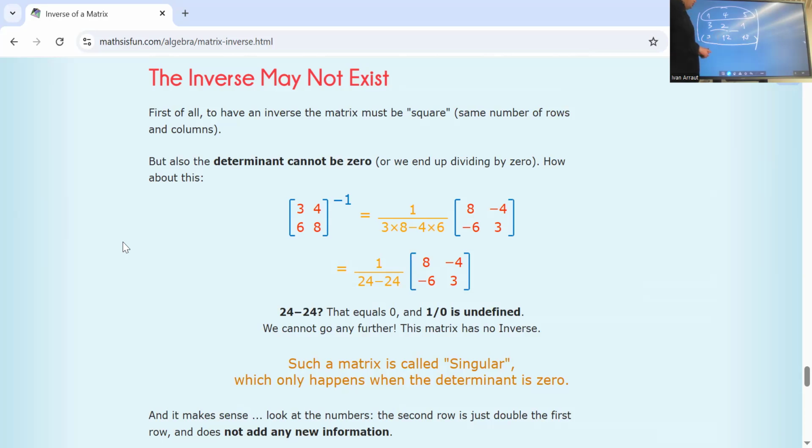Also if I repeat columns, let's put here 20 for changing. If I repeat, for example, 1, 3, 3, and I put here 1, 3, 3, also the determinant is 0. So in some cases, it's not that easy to see if there are redundant columns or redundant rows. Then you calculate the determinant.